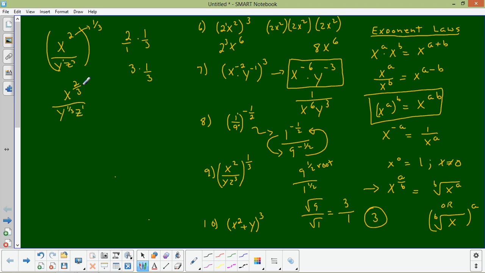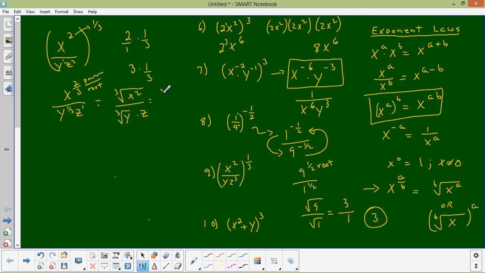Want to remind you what this 2/3 power means. The 2/3 exponent means again, the 2 is the power. The 3 is the root. And so it's equivalent to the cube root of x squared over the cube root of y times z.